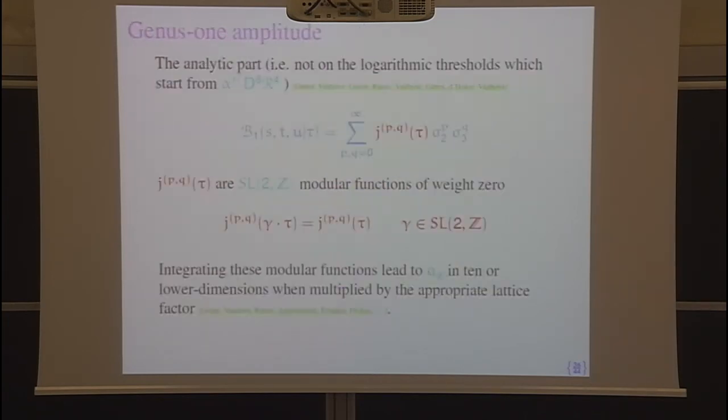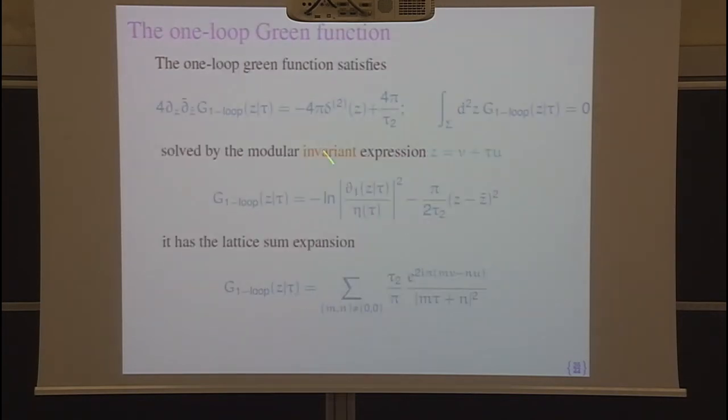So what I'm going to tell you is that this object again contains only single-valued zetas somewhere. They are the modular generalization of the single-valued multiple zetas. So the Green function on the torus: it's good to work with the Arakelov Green function. It satisfies the usual differential equation.